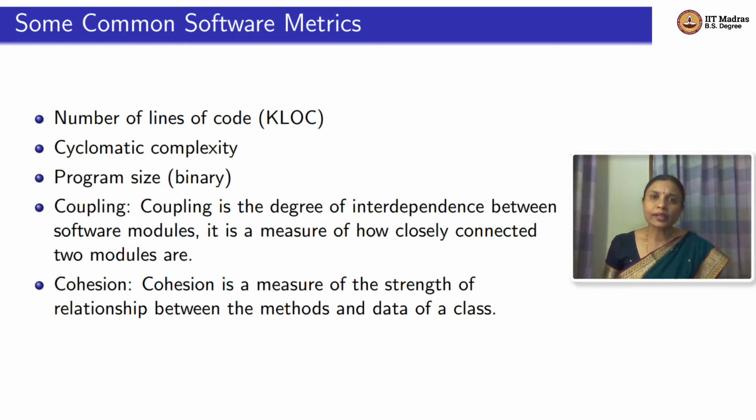A related one is cohesion. It's a measure of the strength of the relationship between the methods and the data in a particular class. All the methods that belong to the class, are they cohesive? Put together, do they offer one functionality? Let's say I have a class that implements a stack data structure, then I need methods for push, pop, checking if the stack is empty, and so on.